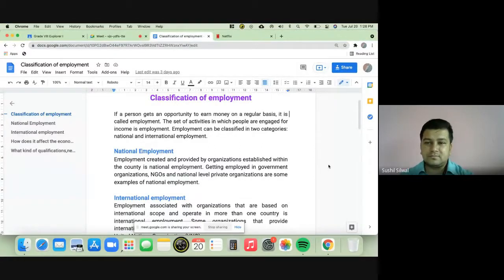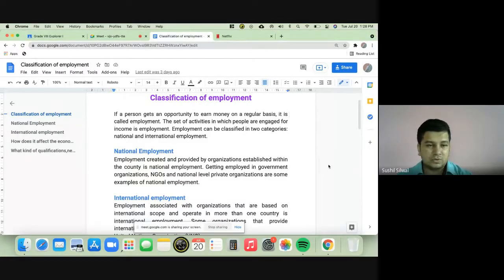So classification of employment. This is the first objective: how it has been classified is one national and another international. That's what they explained here. And I've been always telling you to take note only if they have something different. If you see the same thing, you don't have to write it. If the same thing is in the book, then why take note? If you see something different, then take note only of those different things, and later on I'll be asking at the end of the unit, or you submit them all at once, because sometimes I know there will be very little note.